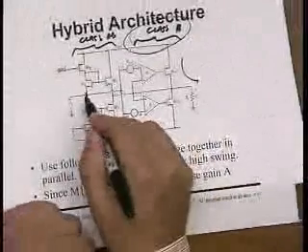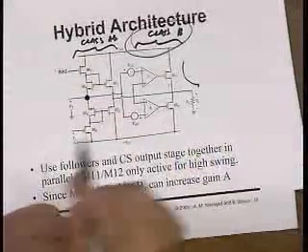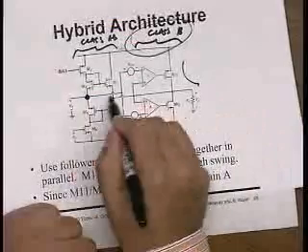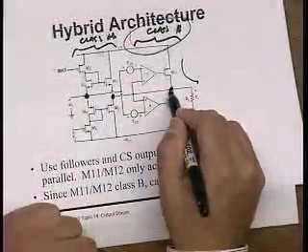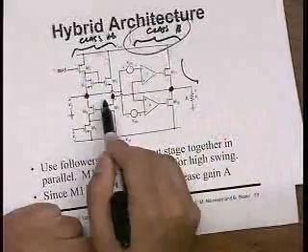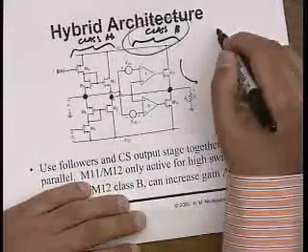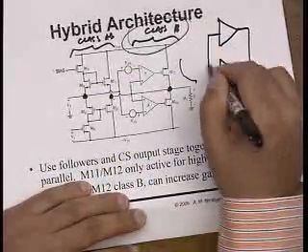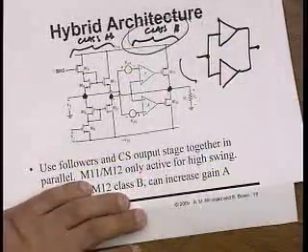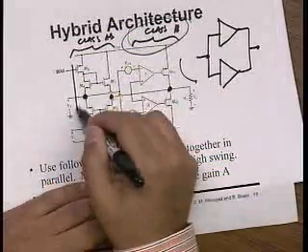So this is the input coming in here, and you'll notice that the output here is connected to this point. So this is the output. So it's really just a follower. It's just two followers in parallel, two stages in parallel. This is the one stage, right?